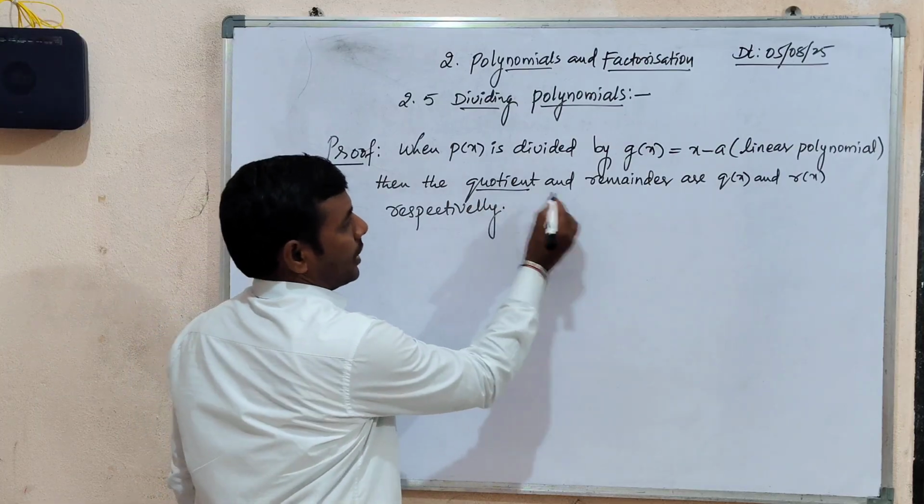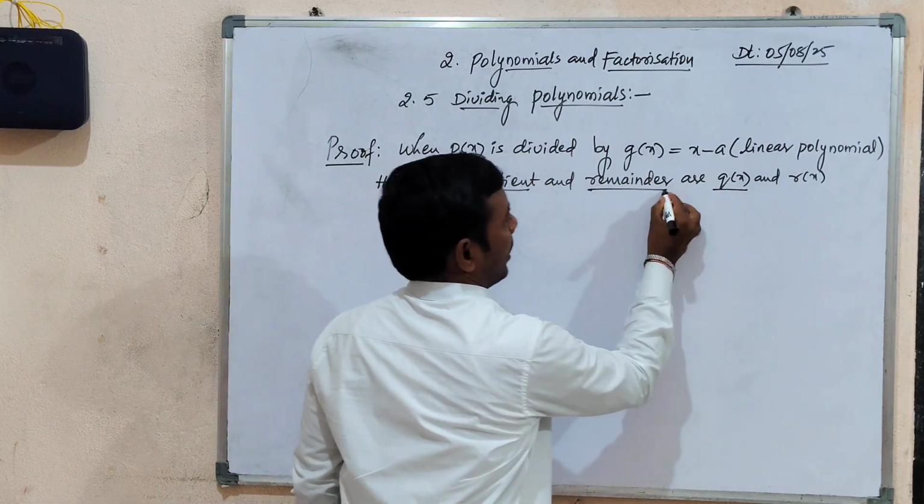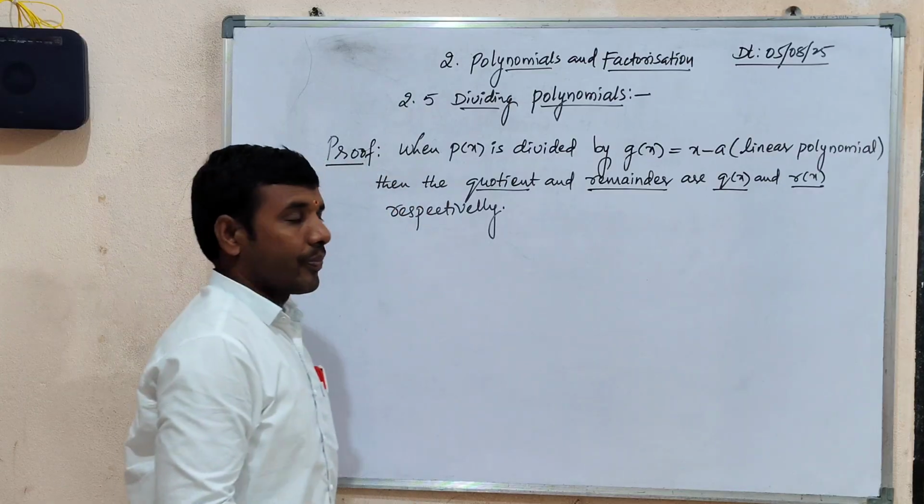Nothing but quotient is q of x, remainder is r of x.